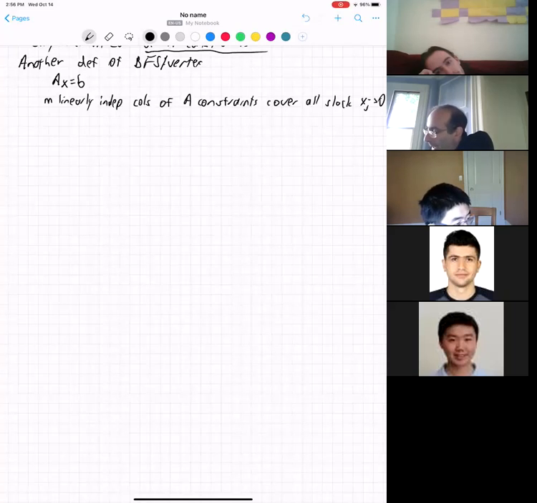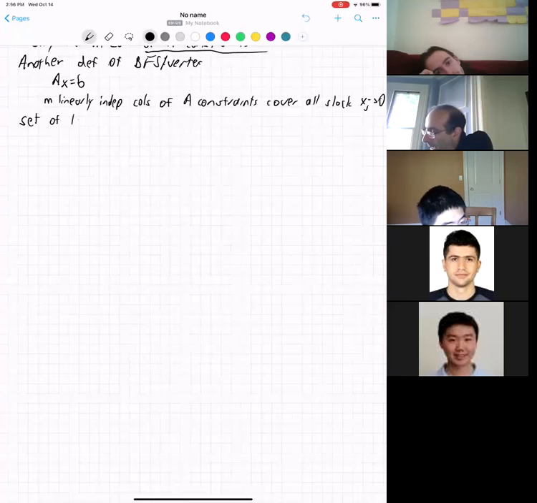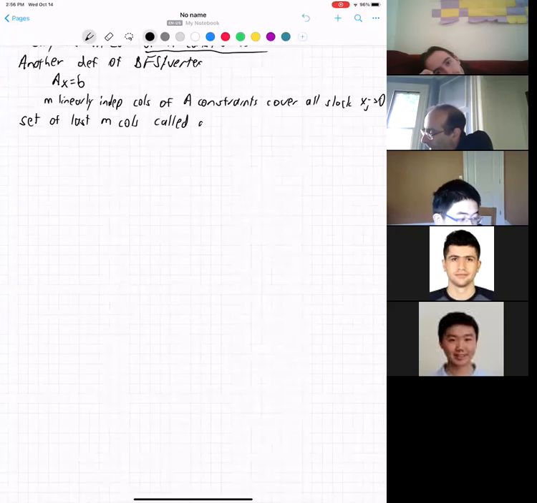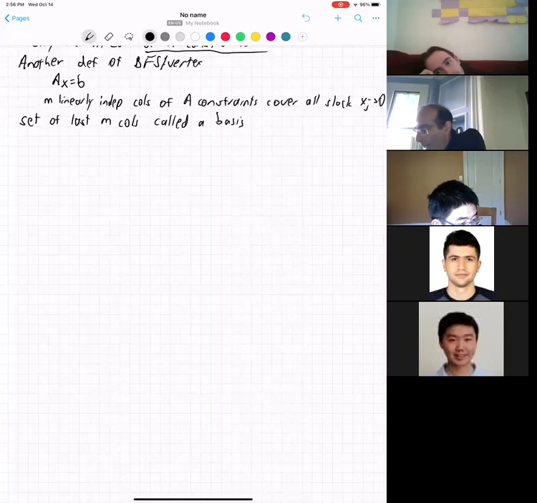And now I can add in some other definitions. The set of the last m columns is called a basis. And it is a basis of its m coordinates, but we're using the term more specifically now for the simplex algorithm.